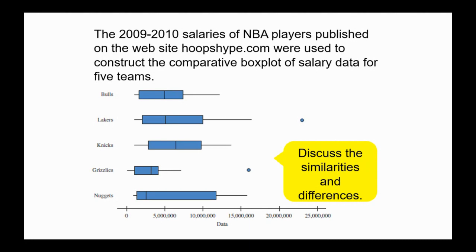Who else has a mild outlier? The Lakers. What about most of their pay? Does it tend to be the same, or does it tend to be lower than the rest of the teams? It's lower and more. That's right, it's lower and closer together. The range isn't quite as large.